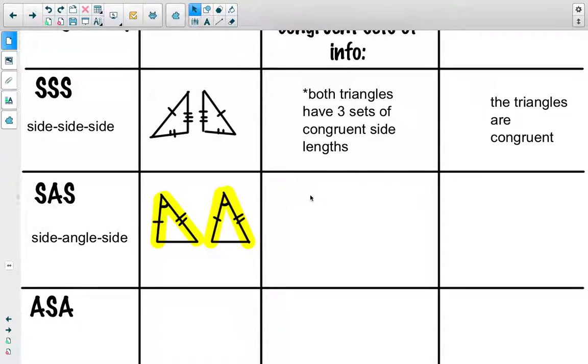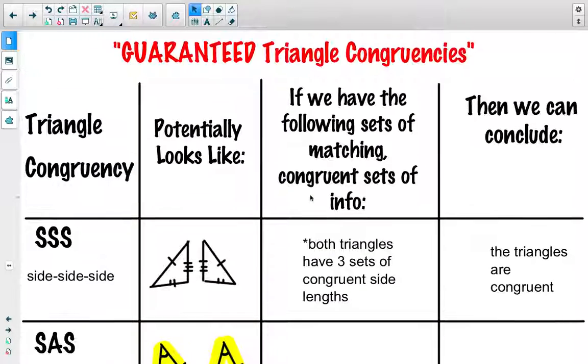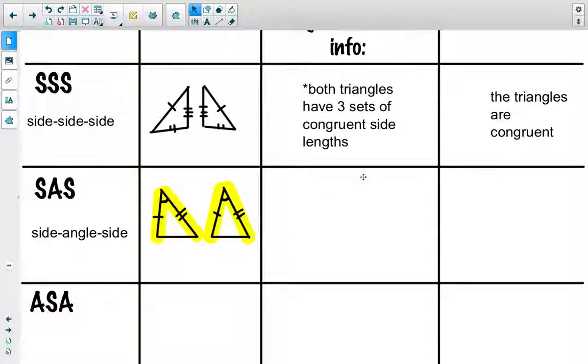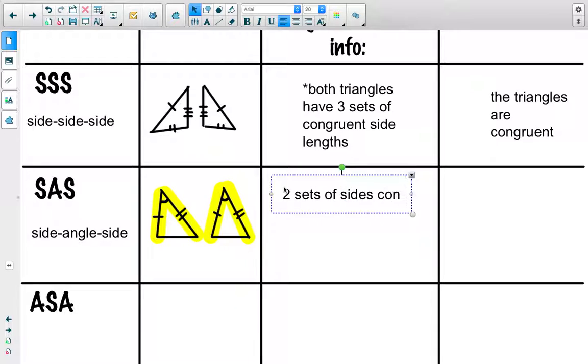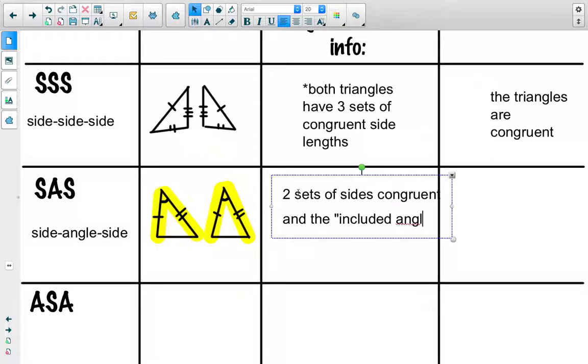So the description here will say, if we have the following sets of matching congruent sides, we have to have 2 sets of sides congruent, and what we're going to call the included angle. If you want to put also known as, or AKA, I'm going to call that the hinge angle.